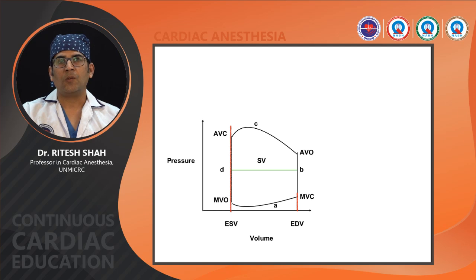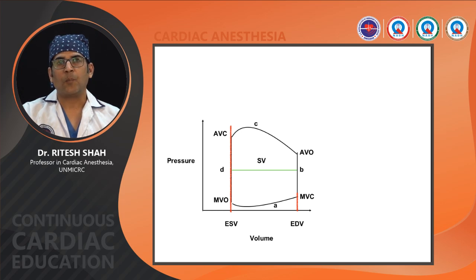Apart from stroke volume, we can get different pressures from this PV loop. When the aortic valve opens, it is usually the aortic diastolic pressure. When the aortic valve closes, it is the end systolic pressure of the LV.